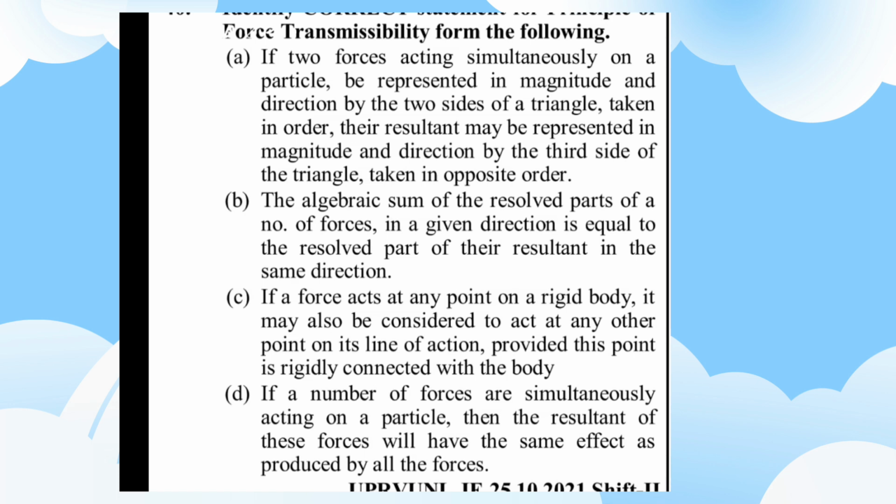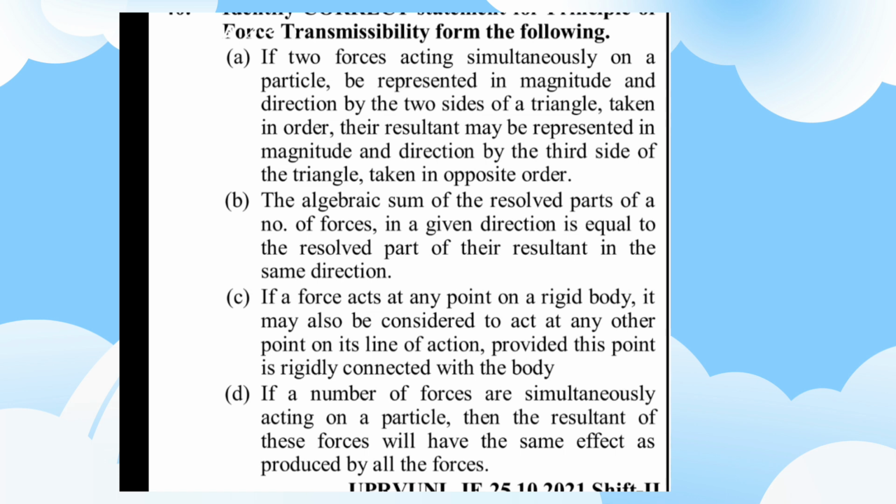C. If a force acts at any point on a rigid body, it may also be considered to act at any other point on its line of action, provided this point is rigidly connected with the body.